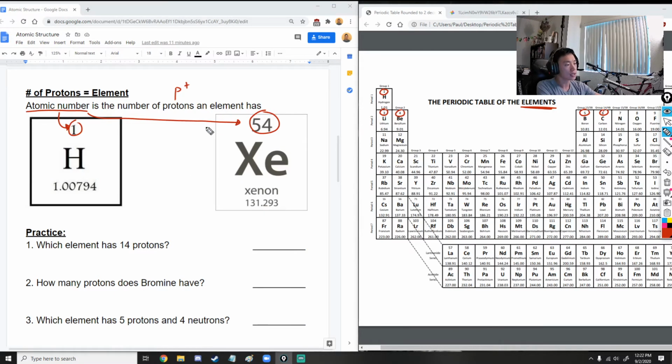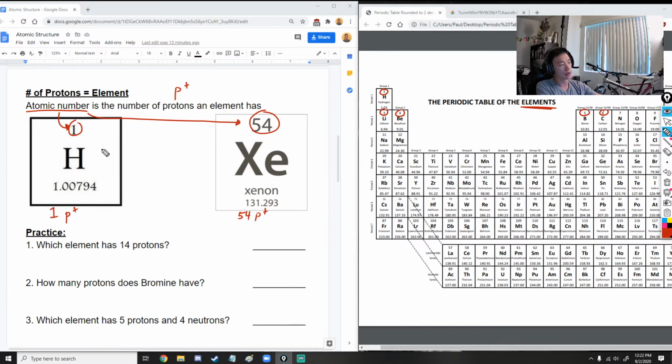And the atomic number tells us how many protons an element has. H is going to have 1 proton because it has the number 1 on top. And Xe, xenon, is going to have 54 protons because it has the number 54 on top.